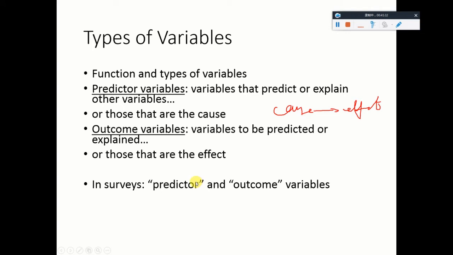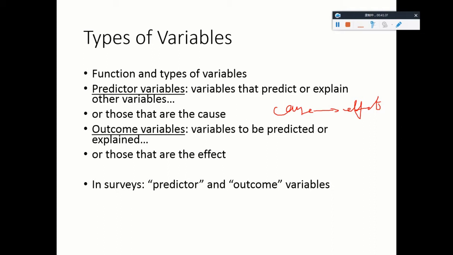Again, let me introduce you to some kind of convention here. Later on, we'll talk about different types of research designs. And actually, in lecture one, we talked about two different types of study designs: surveys, and experiments.